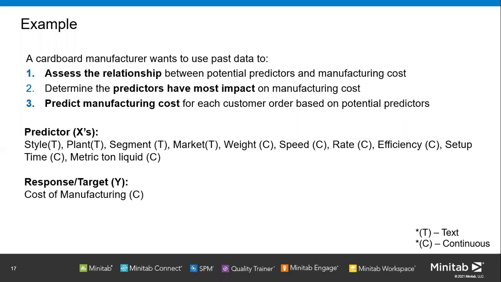They gathered the data, the variables, or we call them features. The predictors are style, plant, segment, and so on, but the response, or target Y, is the cost of manufacturing.